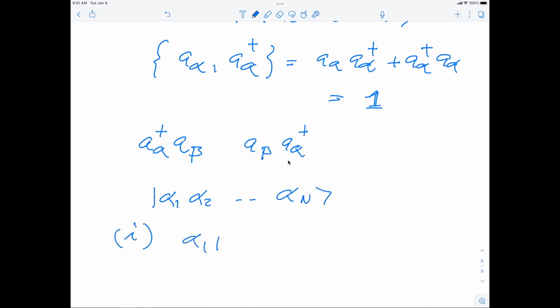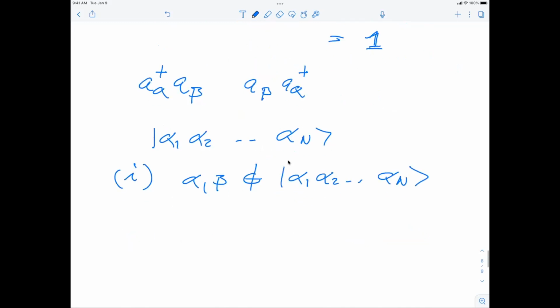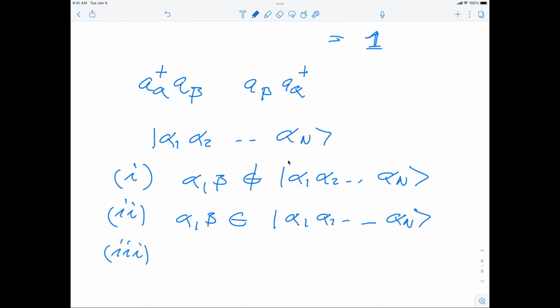First, alpha and beta not contained in alpha_1, alpha_2, up to alpha_n. The next case is obviously alpha and beta both contained in alpha_1, alpha_2, up to alpha_n. And finally, we have a case where one of them is contained, so alpha or beta is contained in alpha_1 up to alpha_n.